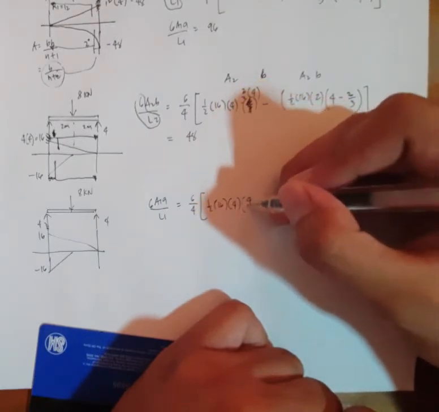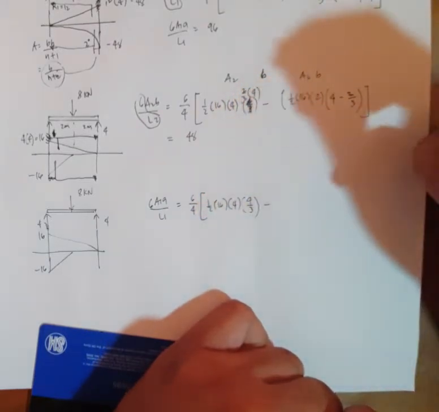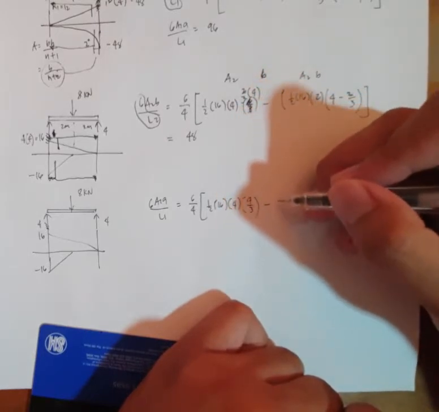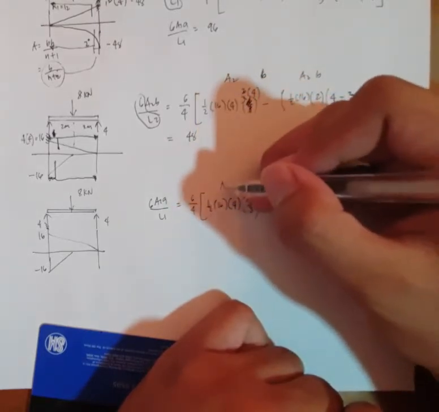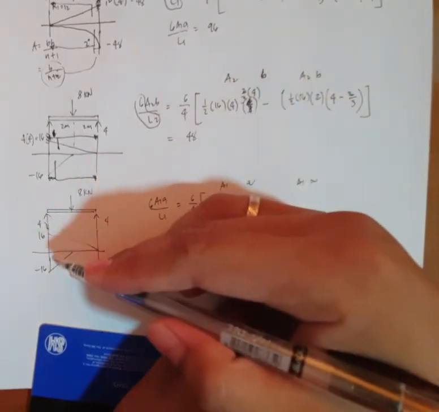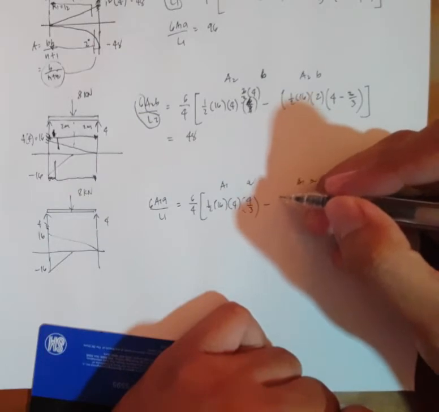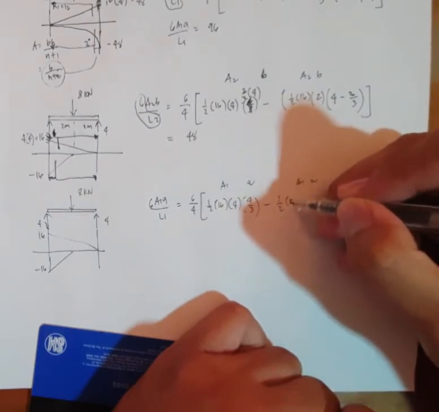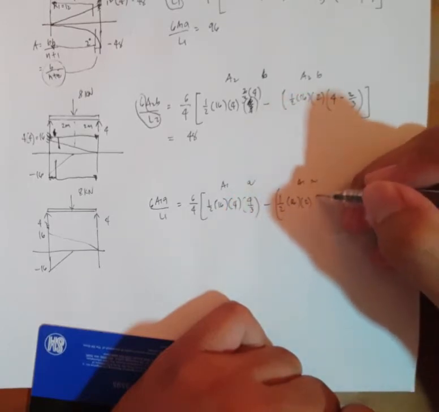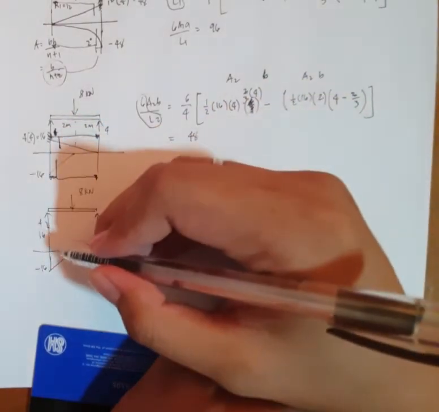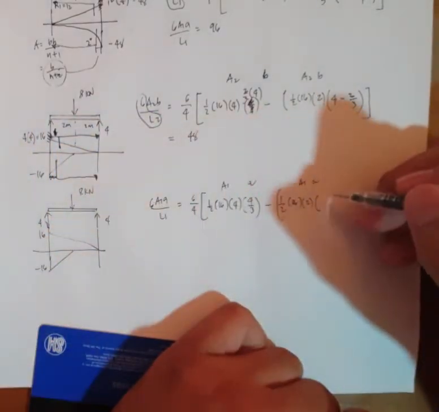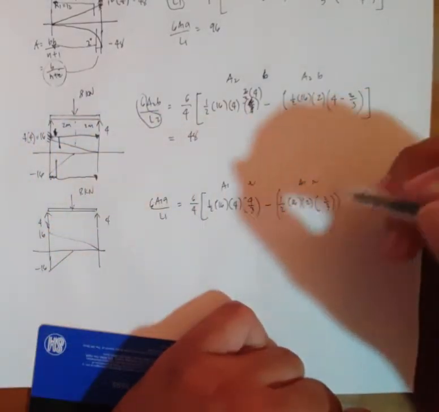So that is 4/3, minus the negative area, 1/2 times 16 by 2, times 1/3 of your 2 meters, which is 2/3.